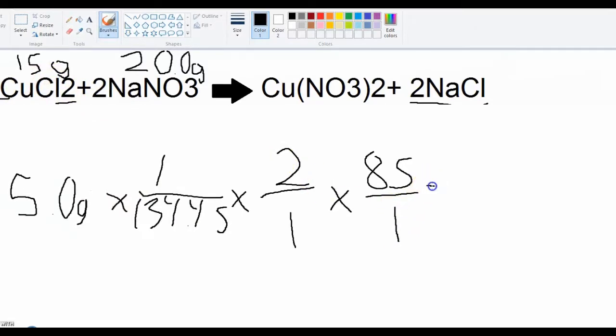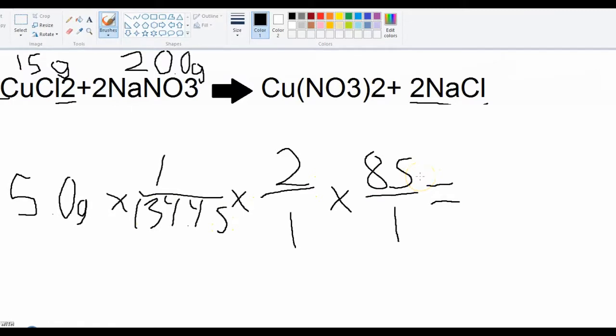And if you put it in your calculator, you can do 15 divided by 134.45 times 2 times 85, or you can do 15 times 1 times 2 times 85 divided by 134.5.